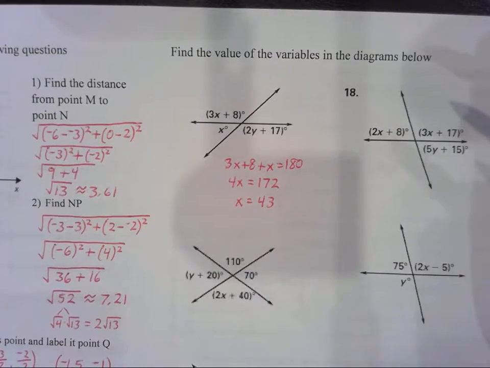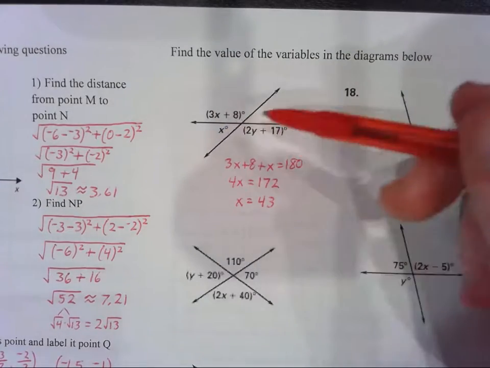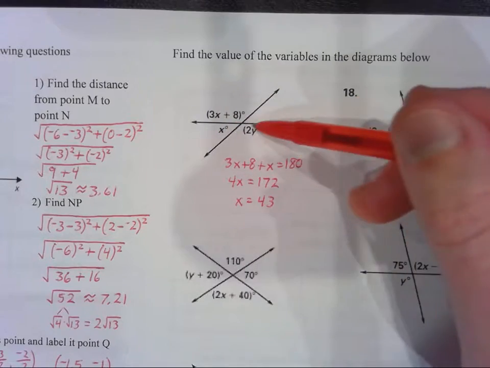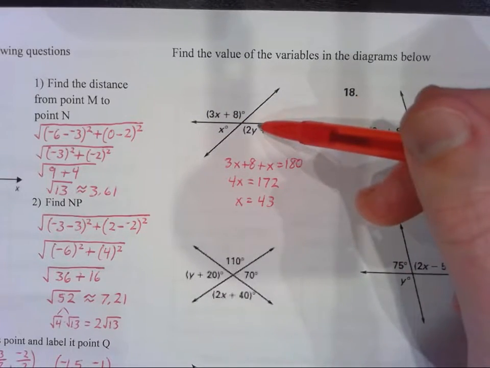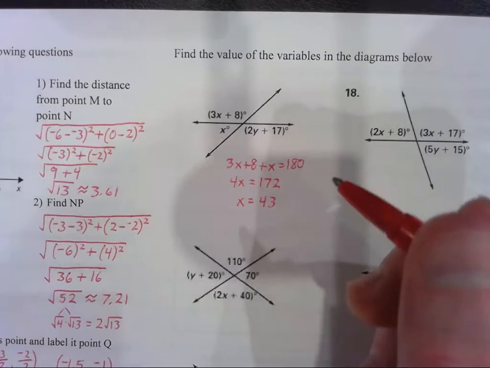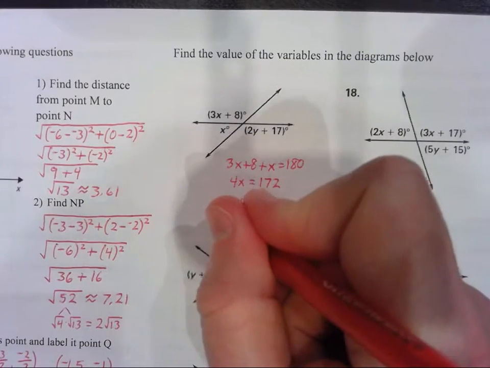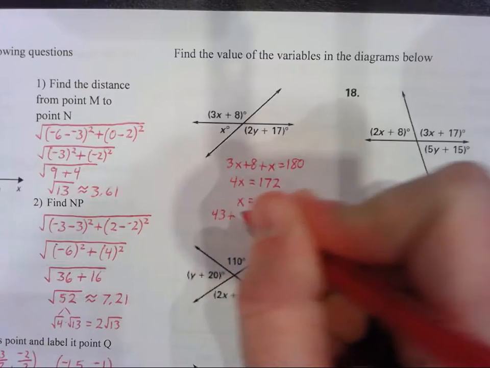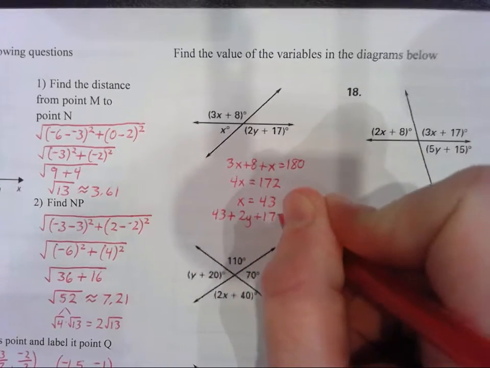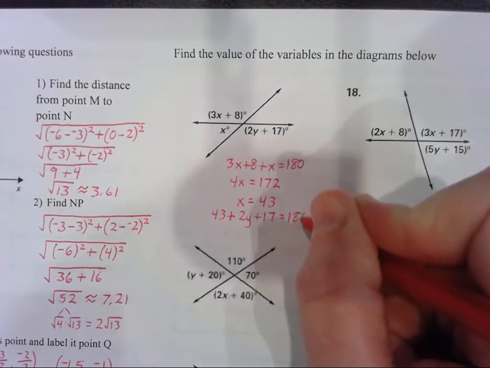So now that I know what x equals, x with 2y plus 17, they make a linear pair. So that means the 43 plus 2y plus 17 needs to equal 180.